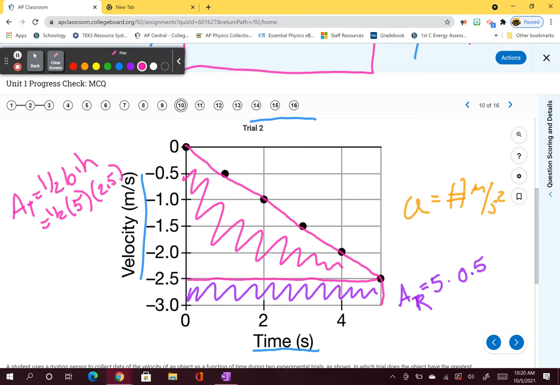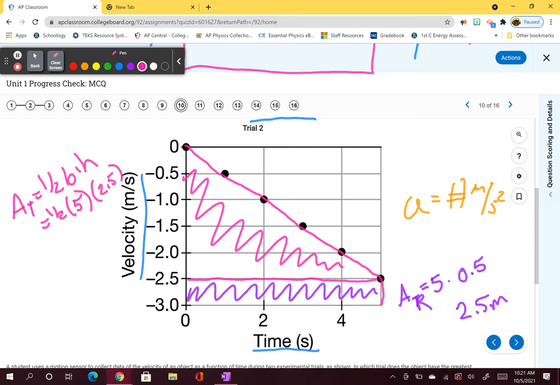So then you would just use your calculator. So you do 5 times 0.5, which should be about 2.5 meters.